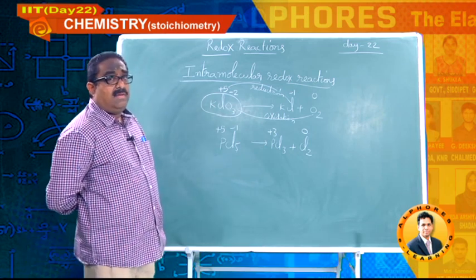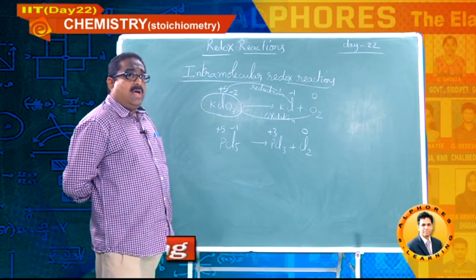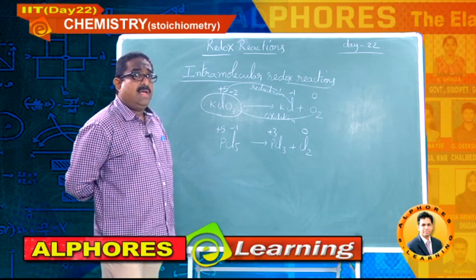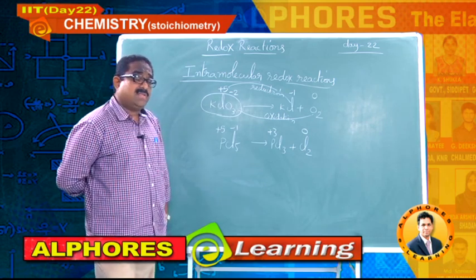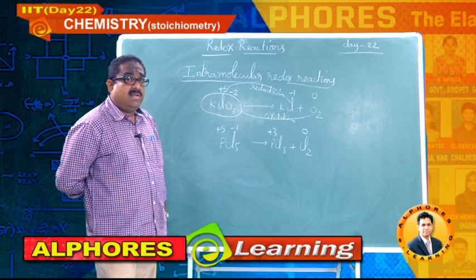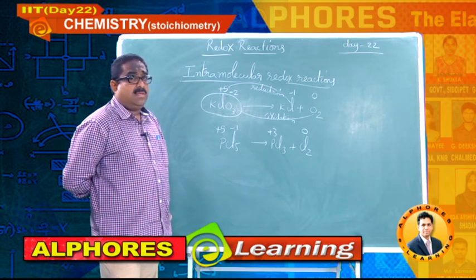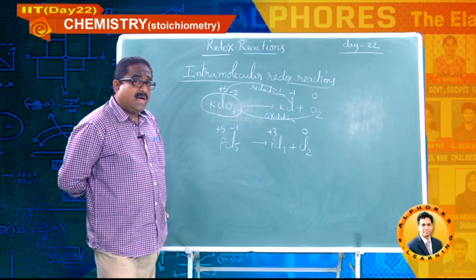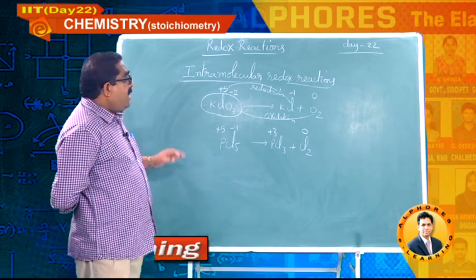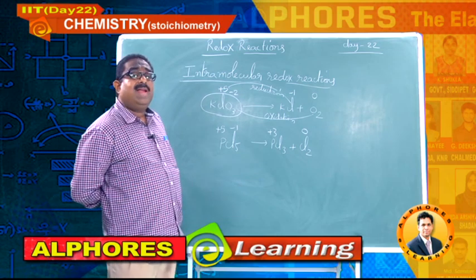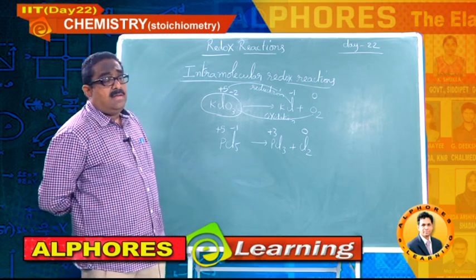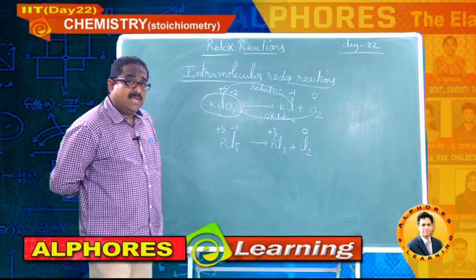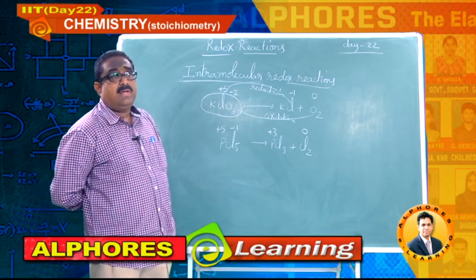See students, one should first of all have thorough knowledge and calculation ability of oxidation states, based on the rules we have learned. After thorough practice, the moment you see the equation, you can immediately assign the oxidation numbers for the elements undergoing a change.